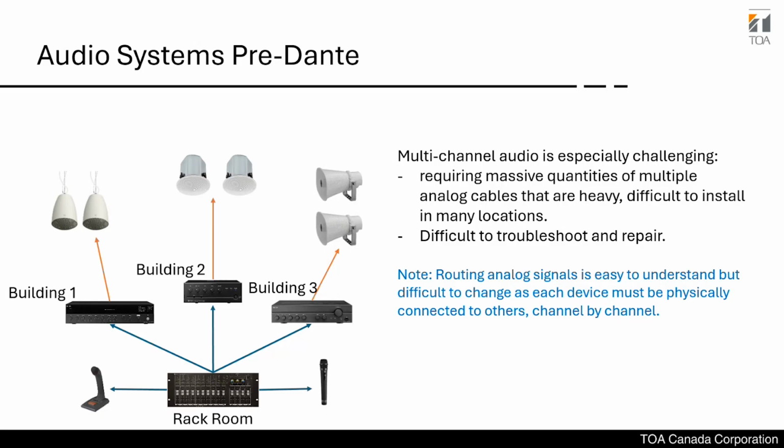Each device must be physically connected to each other, and there was no way to send a signal from one device to multiple devices, or to make use of an existing system. So we had to run cables separately. For example, if we have a microphone in one location and want it in another location, we might use a splitter, and still we have to send analog cables to all four buildings.